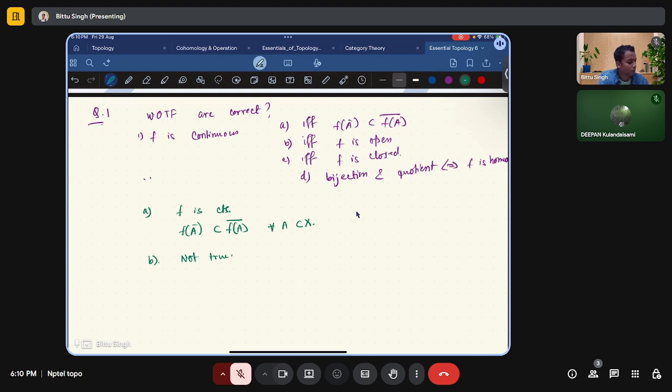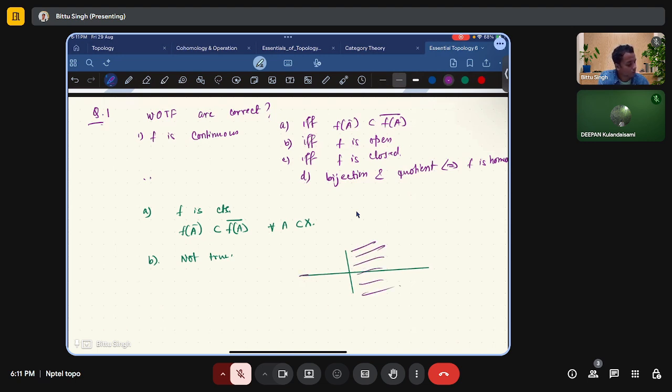For example, we have previously seen this map. We are considering this topological space.